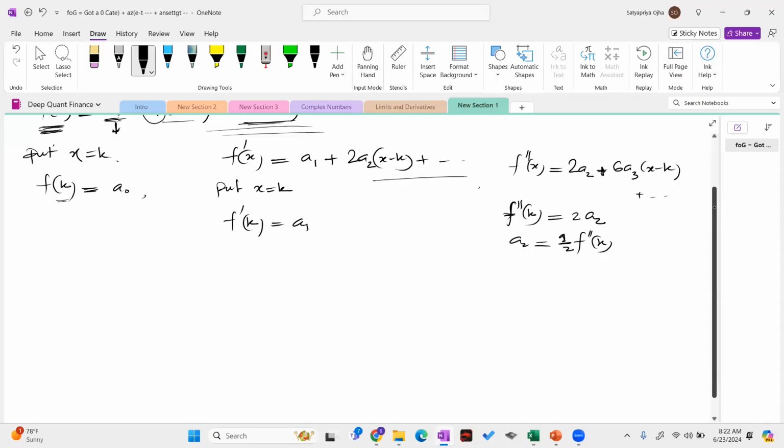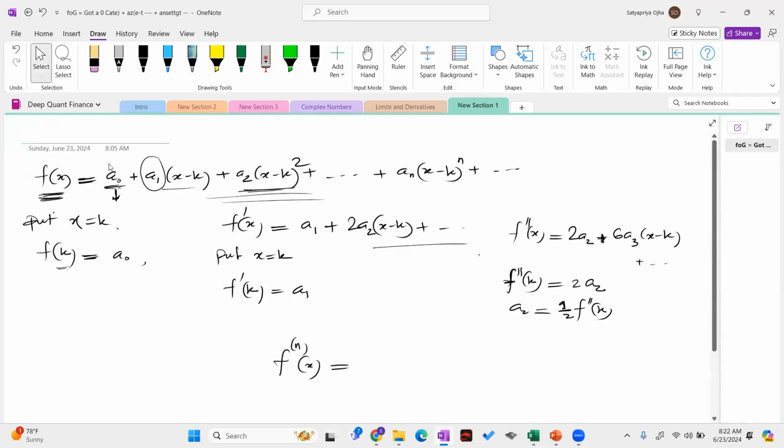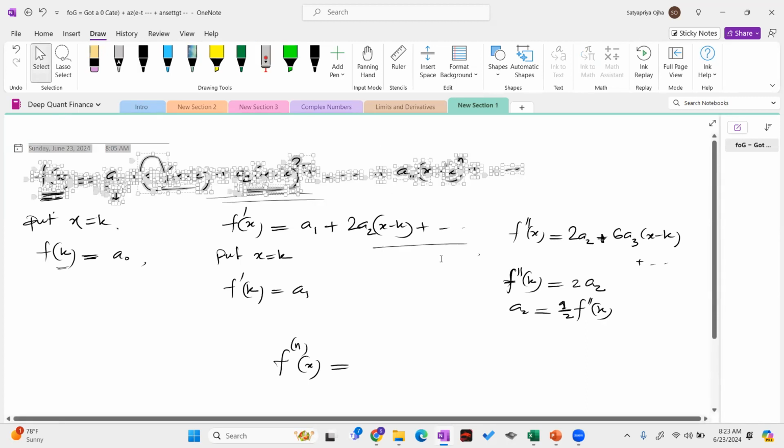N times, right? So you differentiate the function n times. After n minus 1 differentiations, all of these terms would have vanished because they are lower power than x to the power n. Only this will survive.